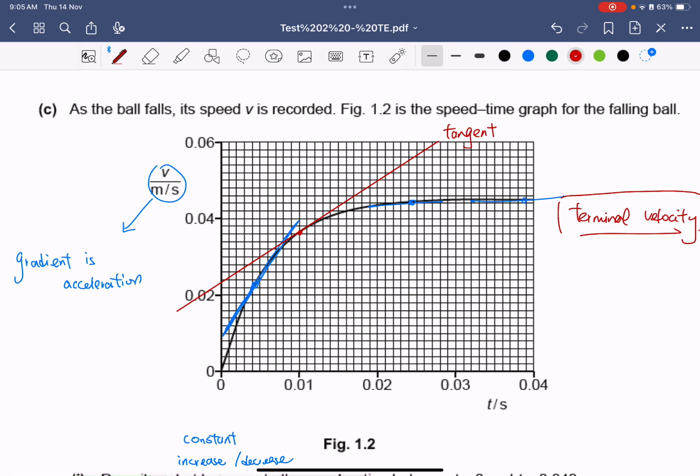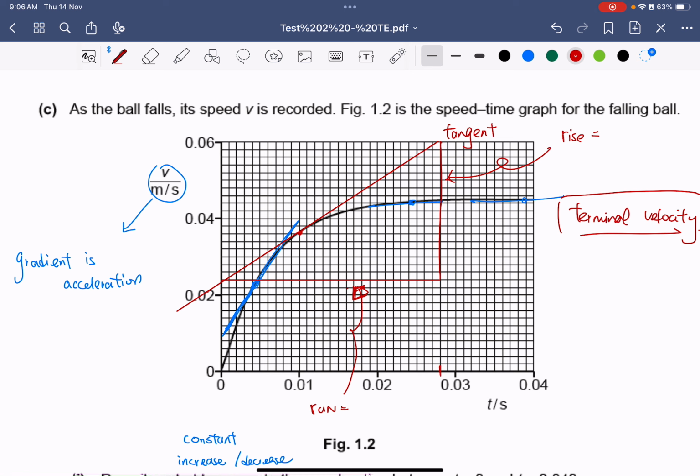Then I need to find the rise over run of this tangent. Then we need to read the graph carefully. It will start from here to here. Need to count boxes. This is the rise, and this is the run. The run is from 0 to here.